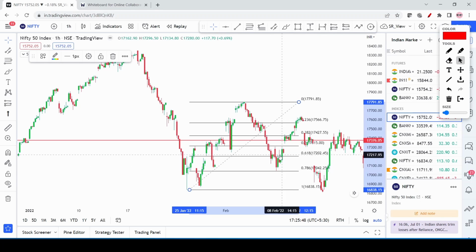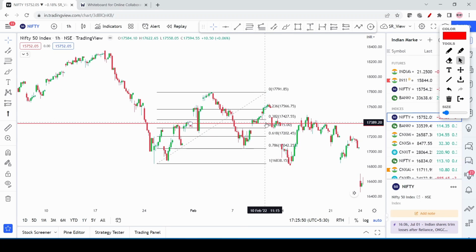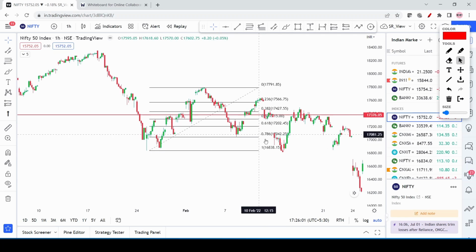Most of the time it will take support within 38 to 61.8%, this range, and sometimes it might retrace further, and it used to take support at this level also. In this example, that's what happened, right?